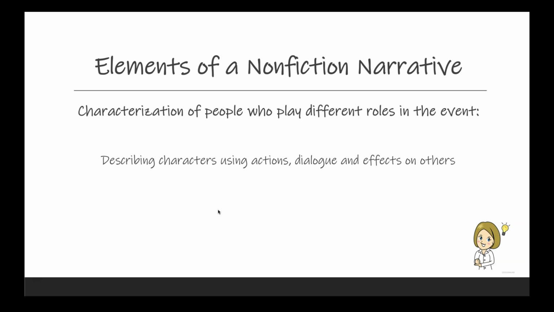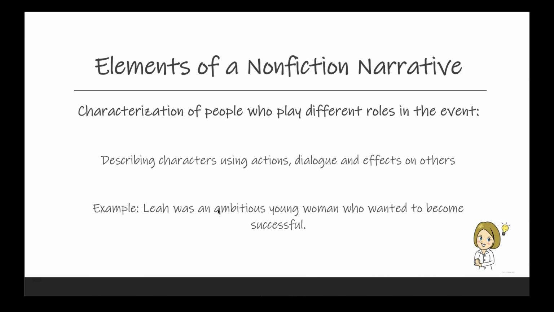So, a quick example. Leah was an ambitious young woman who wanted to become successful. What do we learn about Leah as a character from that sentence? I'm going to ask you to jot your ideas down right now.